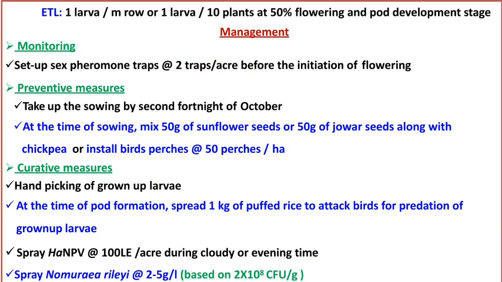Then the first technique in the management practices is monitoring, and for monitoring purposes, we can use two types of traps.